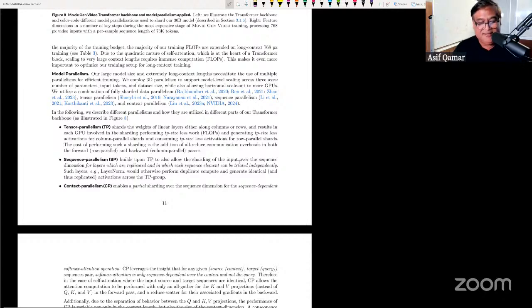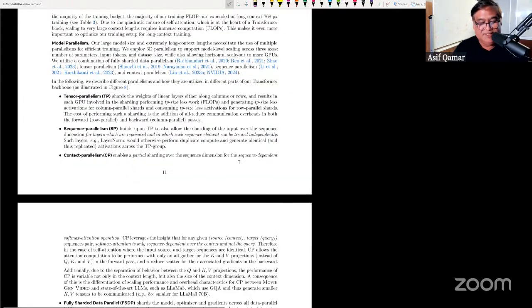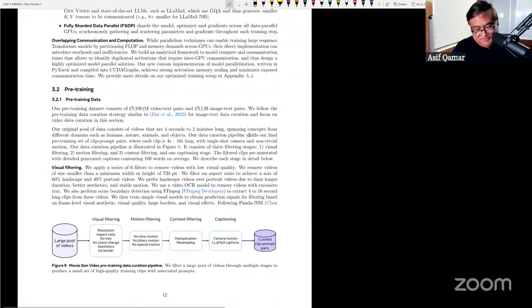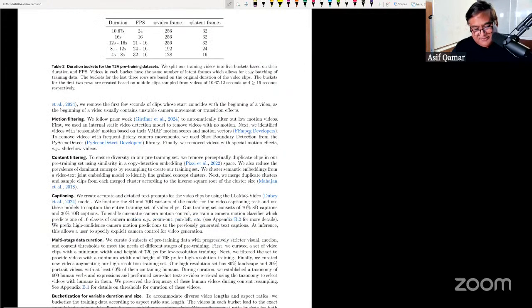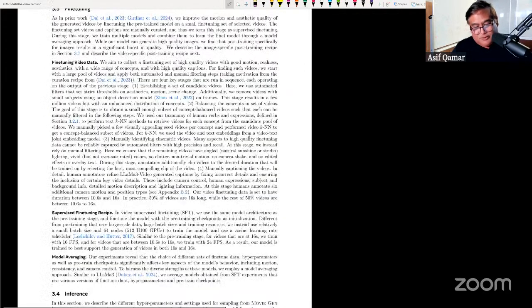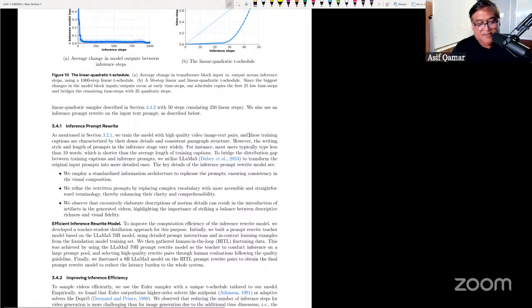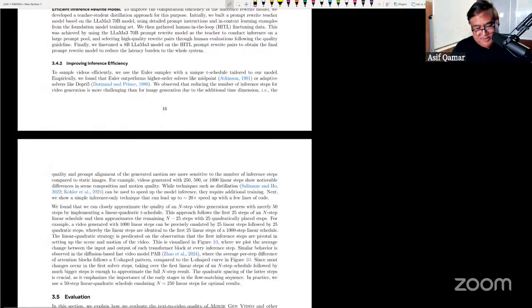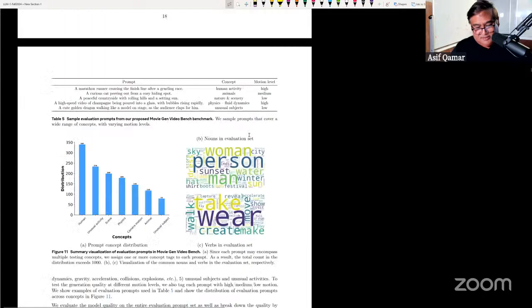So guys, then we'll come to the scale of the engineering part, tensor parallelism, sequence parallelism. So there's a lot of parallelism and engineering efficiency they brought in to expedite the computation, right? So I won't go into the rest of the paper, guys. This is a very well-written paper.